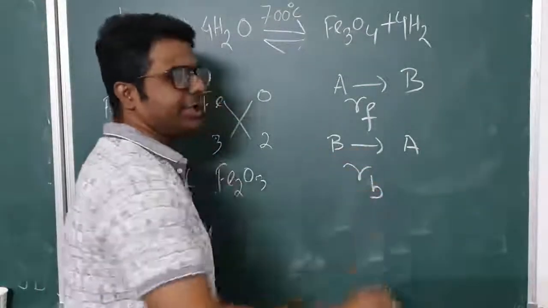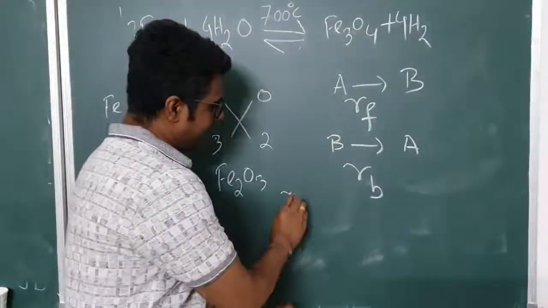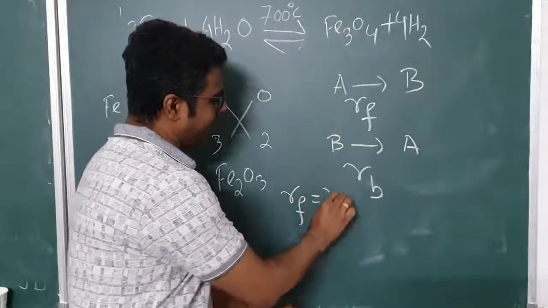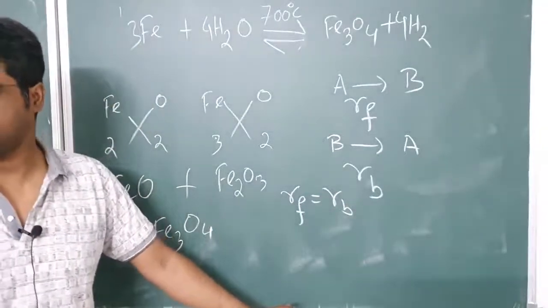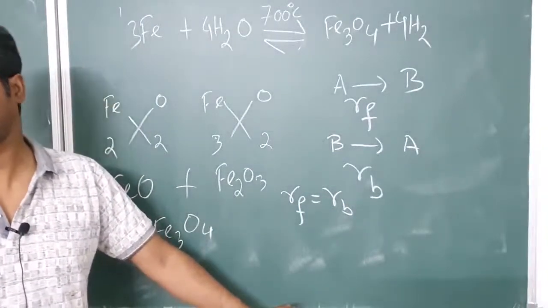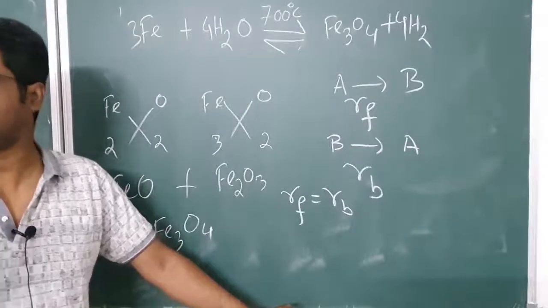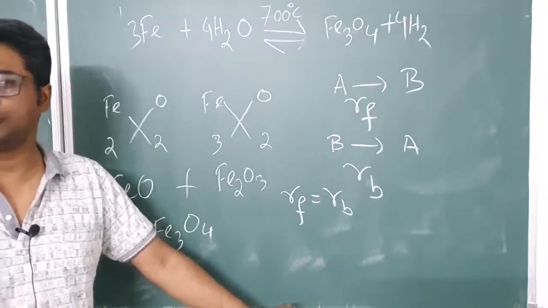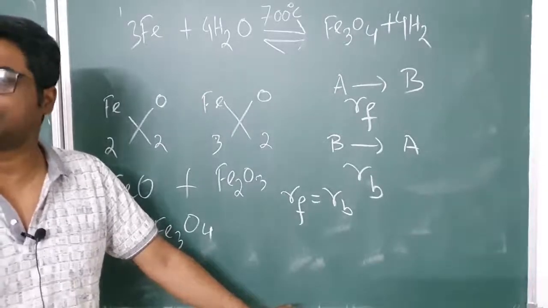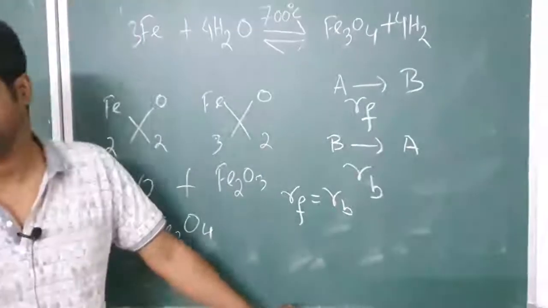After a certain point of time, this rate of forward reaction will be equal to rate of backward reaction. At that moment, from outside it will look like the reaction has stopped, because both the reaction rates are same. As many molecules of B are getting formed, that many molecules of B are again getting converted to A.